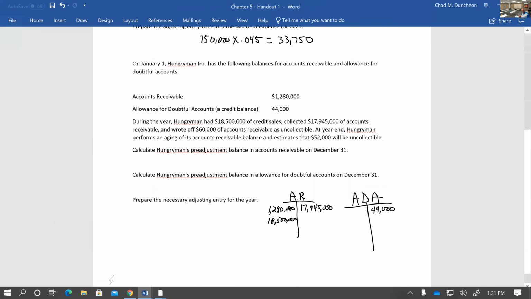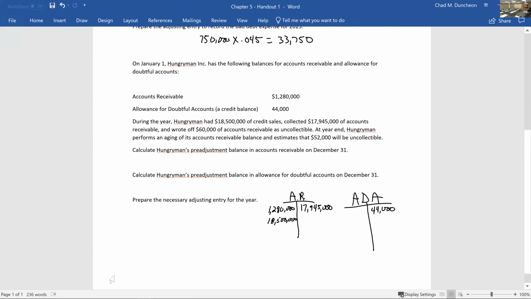Now we move those two journal entries into our T accounts. So we had a $60,000 credit entry and a $60,000 debit entry for that one. That's all we have to do first to calculate the pre-adjustment balance in our accounts.